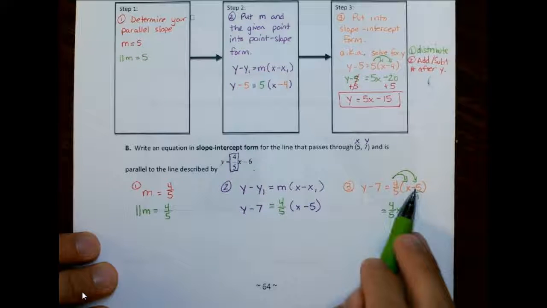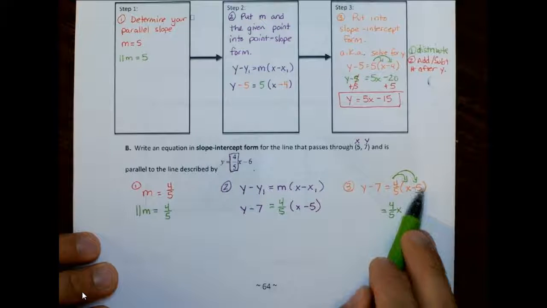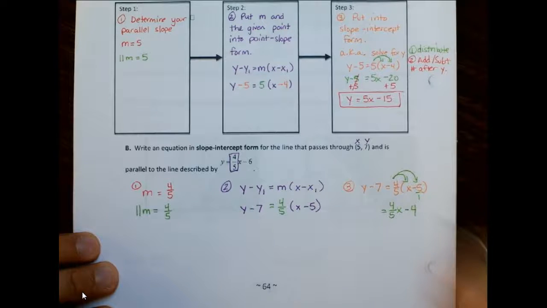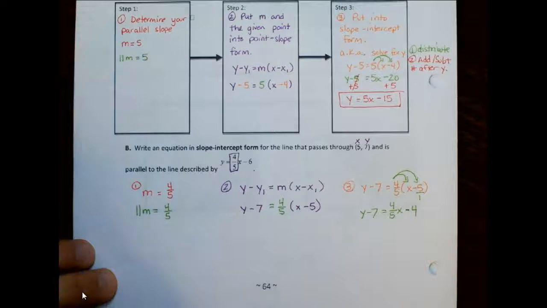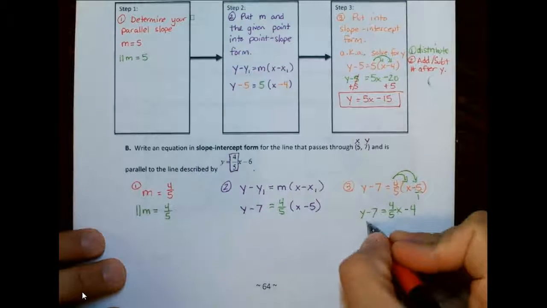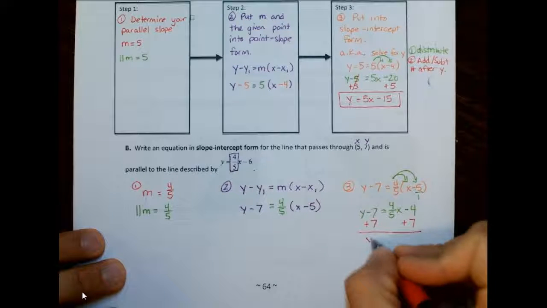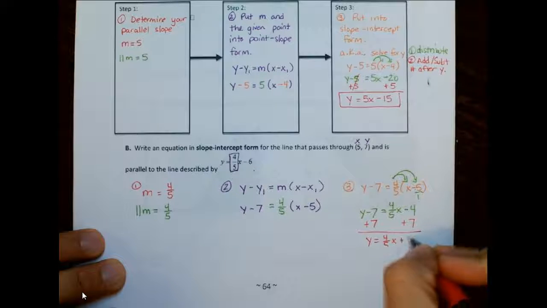So 4 times negative 5 is negative 20, divided by 5 times 1 is 5. So negative 20 divided by 5 is negative 4. I still have y minus 7 out front. And now I will solve for y by adding 7 to both sides. So y equals 4/5 x plus 3.